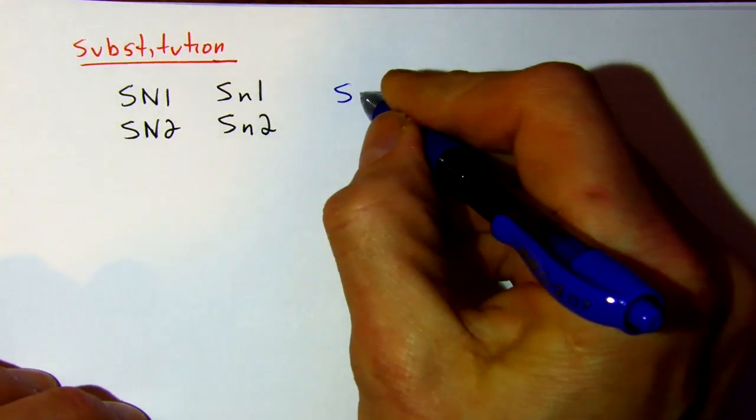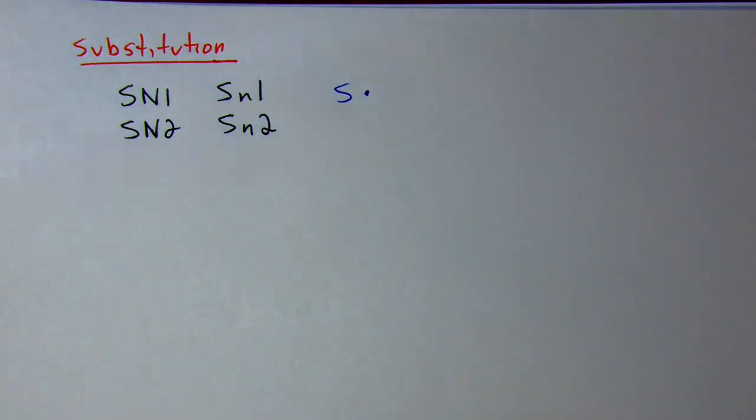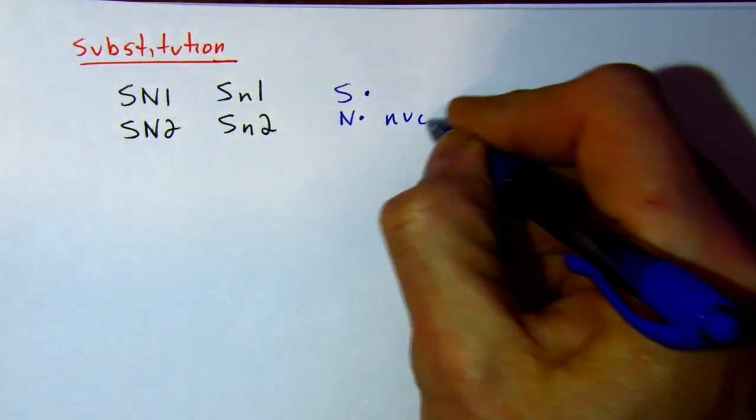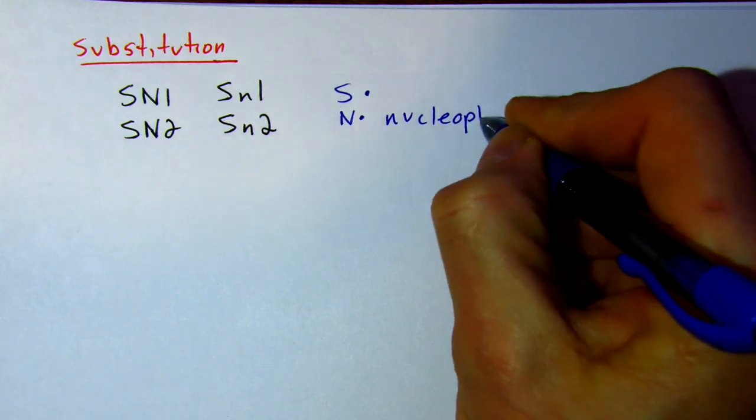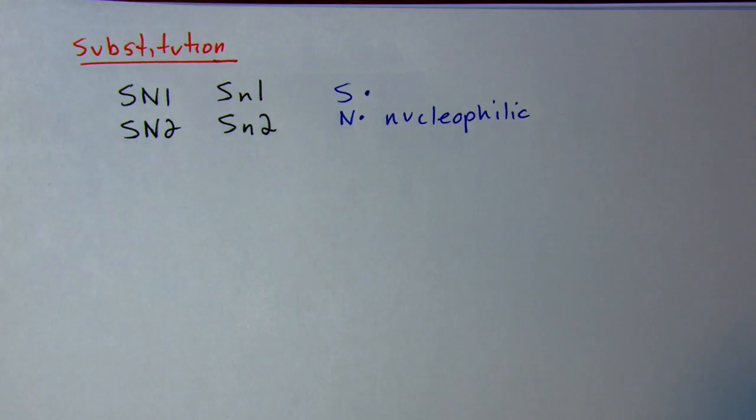When we talk about S, right, that stands for substitution, which makes sense, that there's going to be a substitution taking place. The N stands for what is called nucleophilic, and that's reference to a nucleophile.